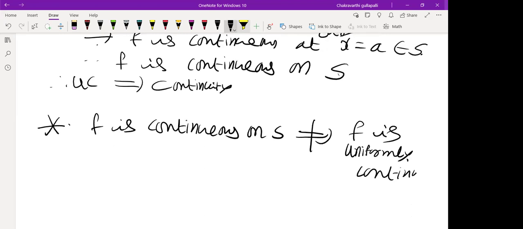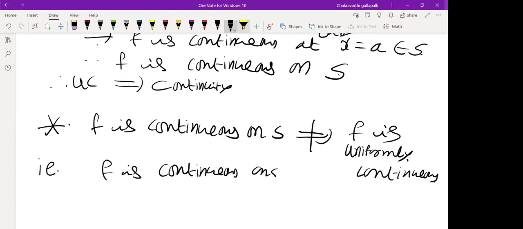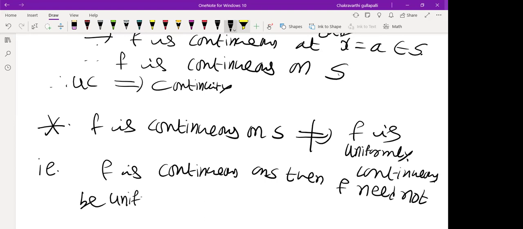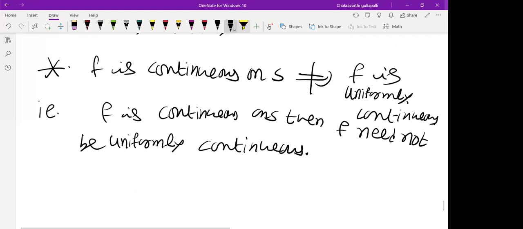Sometimes true, sometimes false. That is, if f is continuous on S, then f need not be uniformly continuous; not necessarily. We'll see examples.